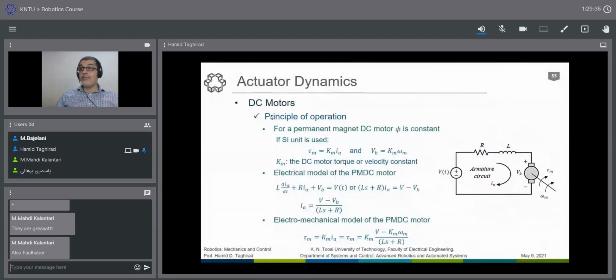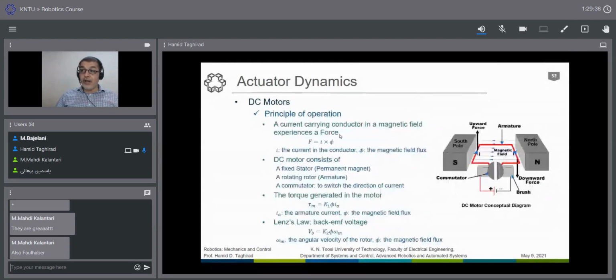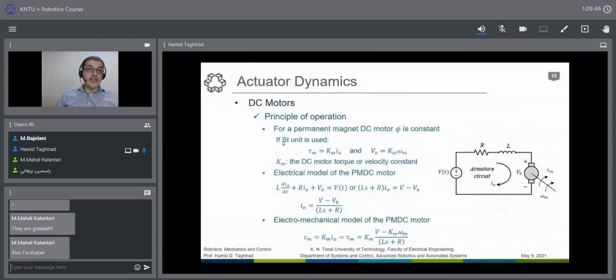If we have a permanent magnet DC motor, this phi is always a constant, so these two constants will be multiplied to each other. And if you use SI units, this is very interesting: K1 and K2 become equal to each other.